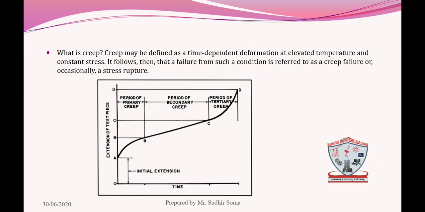At elevated temperature, a strain OC occurs upon the application of the same stress F, OC being greater than OA, partly due to the lower value of the modulus of elasticity. Thank you.